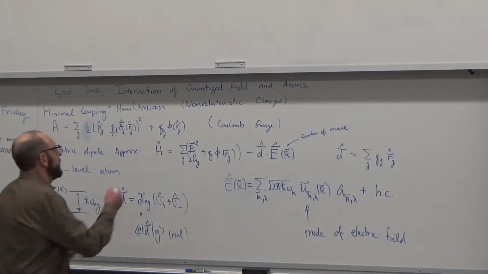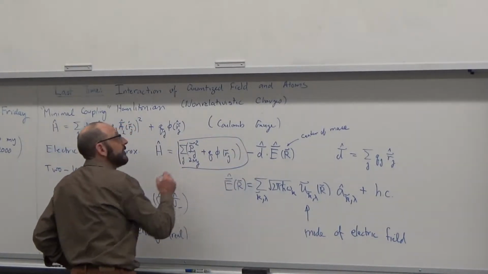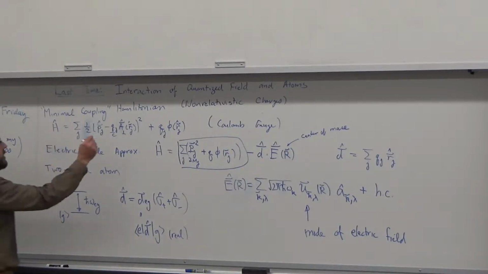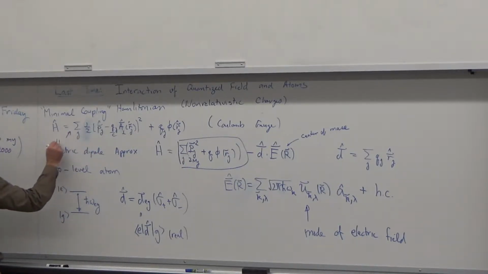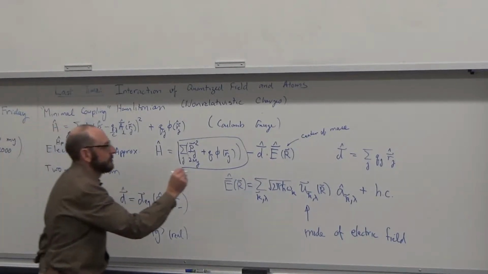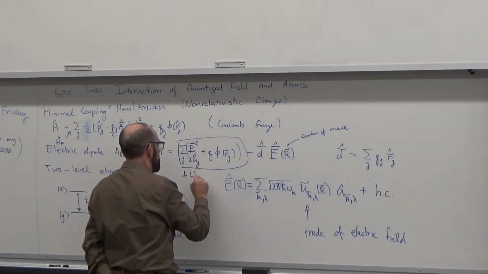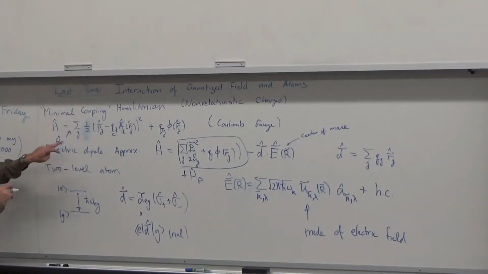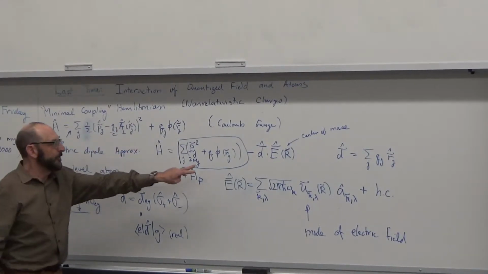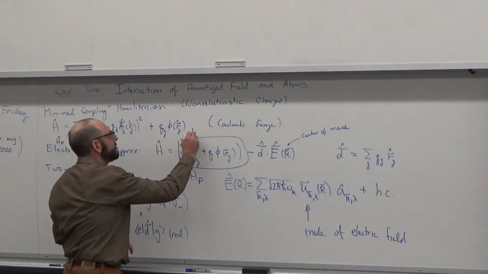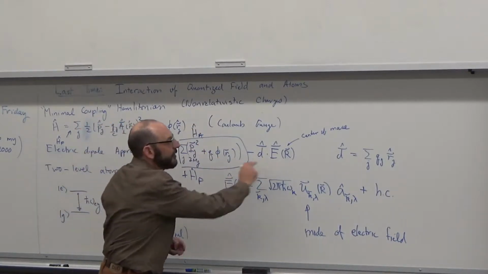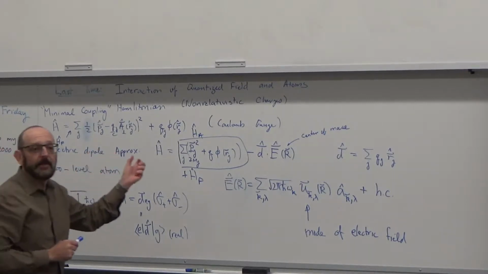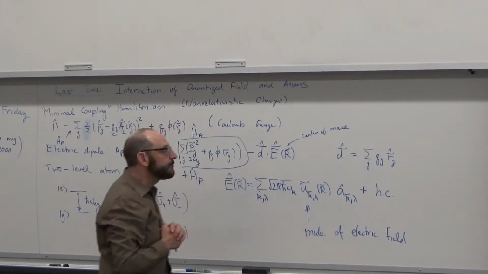This is then the Hamiltonian that represents the, I guess I left out one important thing, which is the Hamiltonian of the field, excuse me. So there's the Hamiltonian of the field, and this is the Hamiltonian of the atom, and then the interaction term between the atom and the field is expressed here, dominated by the electric dipole. Okay.